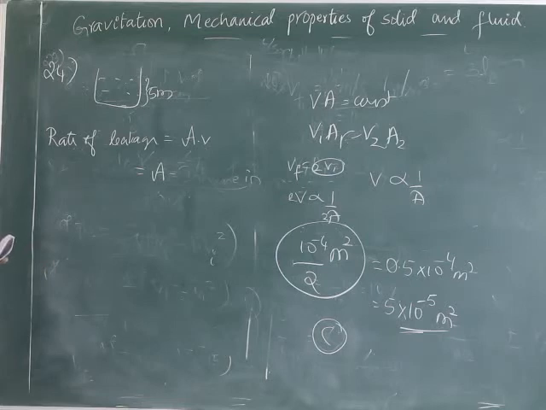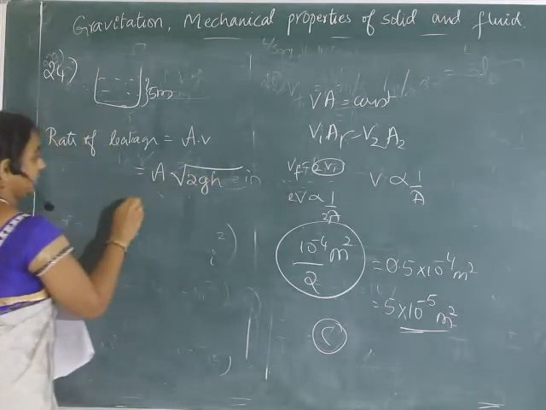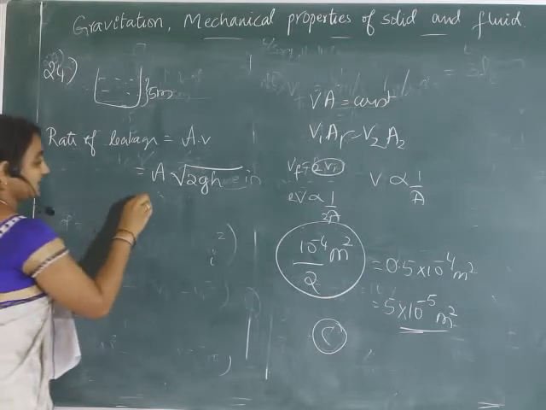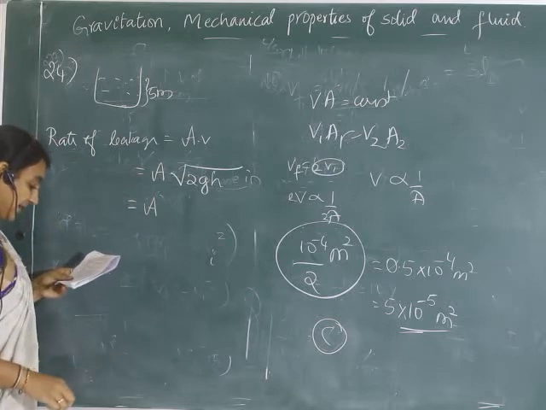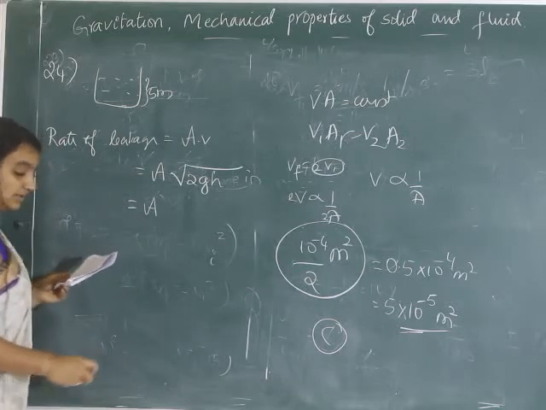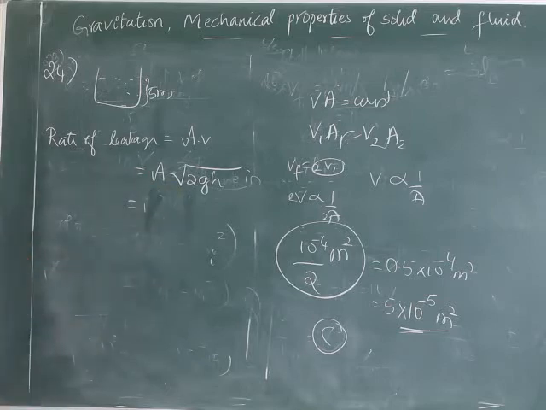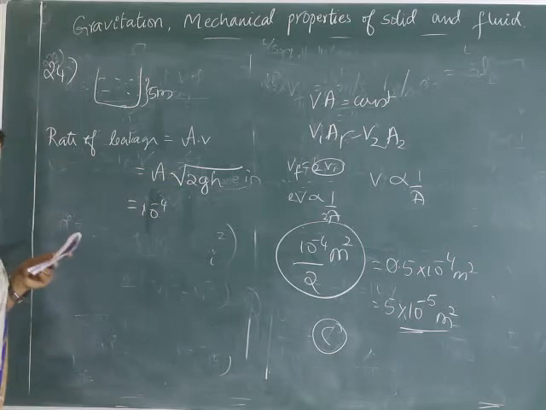That is equal to area into V, and V is nothing but square root of 2GH. So substitute the values. The area is 1 centimeter square, so 10 to the power minus 4 meter square.